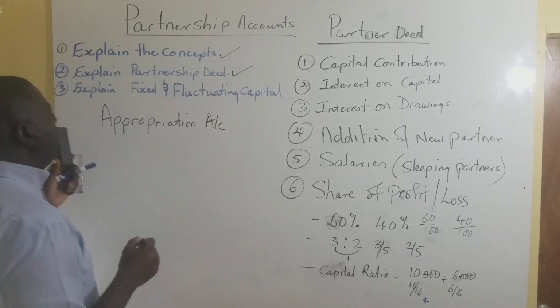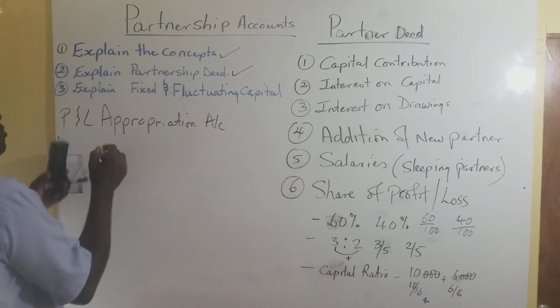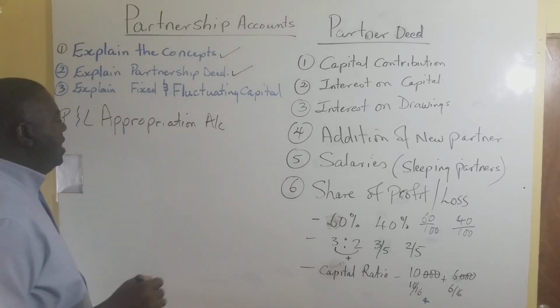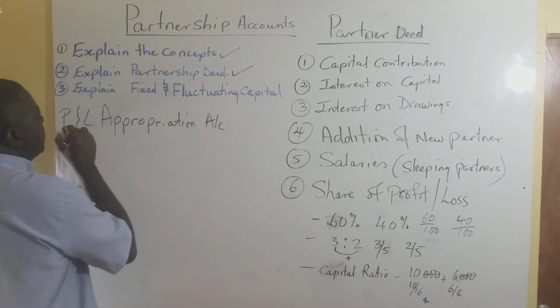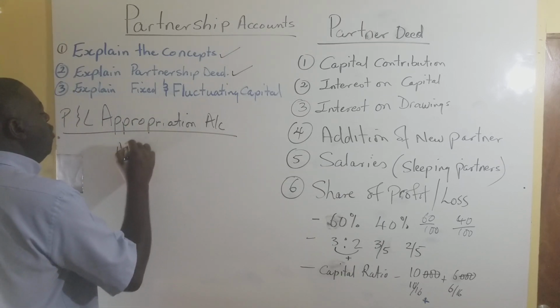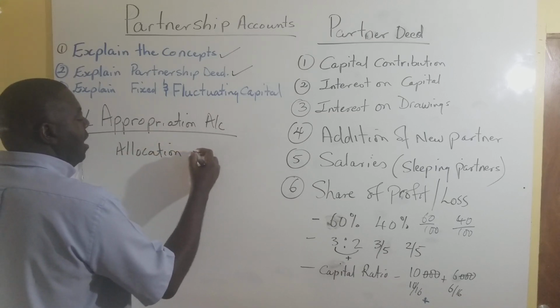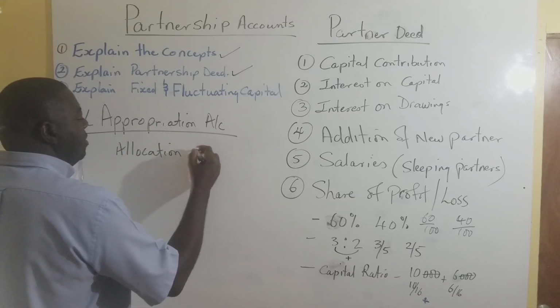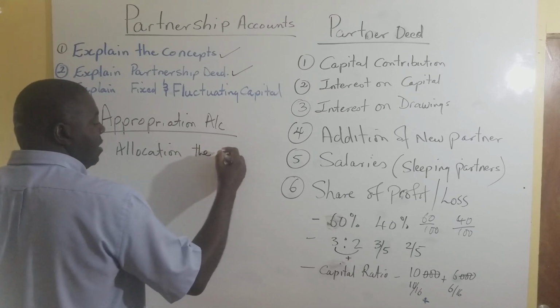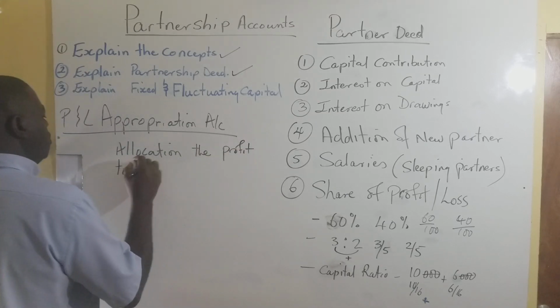Some will refer to it as profit and loss appropriation. Now this account is simply used to allocate, and I said it earlier, allocate the profit to the partners.